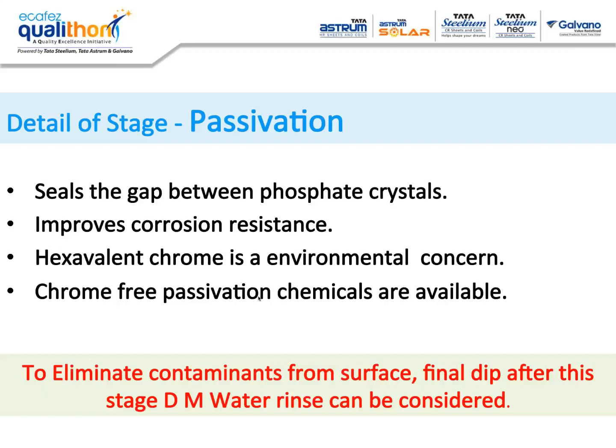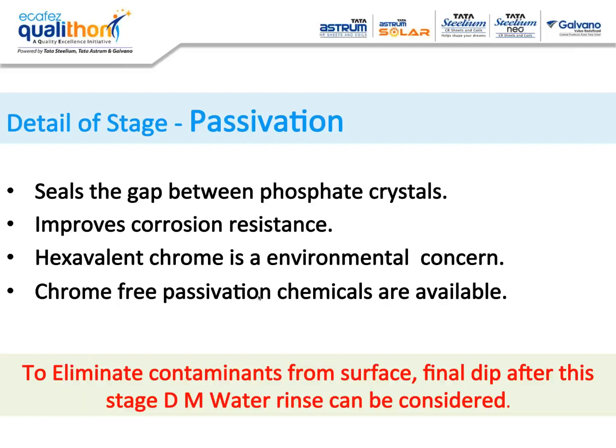To eliminate contaminations from the surface, the final step after this stage is usually DM water. And usually for the passivation also, we prepare the bath in DM water, and there is one more rinse which is given, which is DM water.